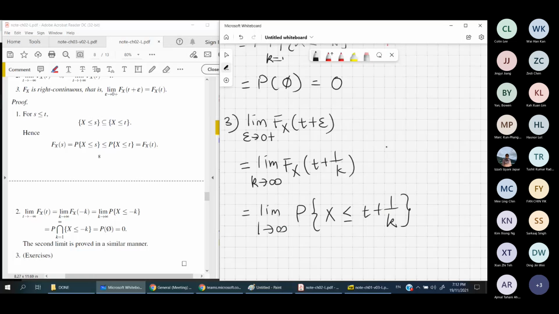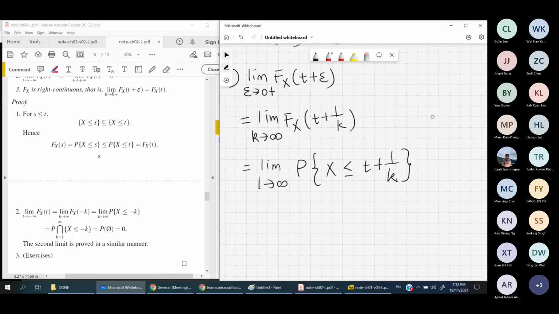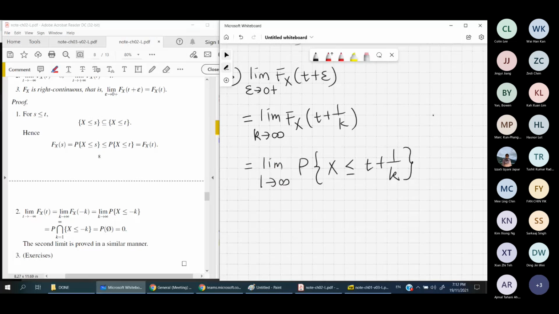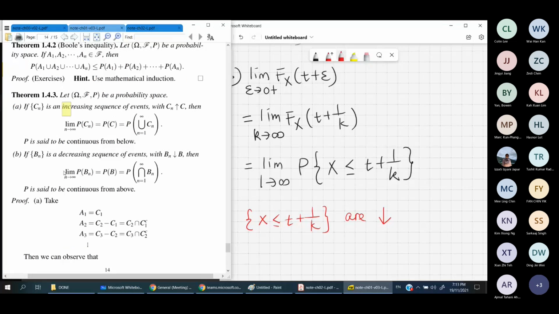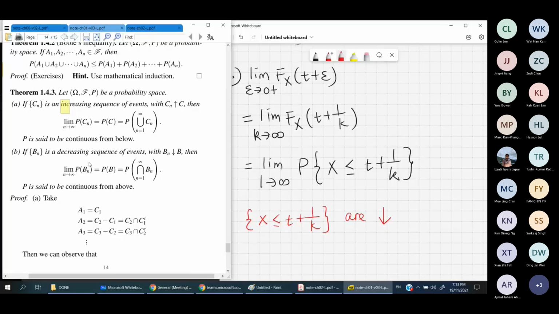So again, same idea. Then you can see this event, X less than or equal to t plus 1 over k, is decreasing. You can verify it similarly to case 2. So when this is decreasing, we can refer back to the same formula once again.